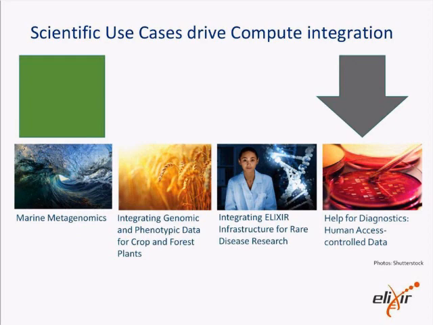So we have done a demonstrator already for the metagenomics analysis pipelines. And what we do today is that we will dig deep into what we are doing in order to enable human access control data to be transported from the European core data resource into a secure cloud.